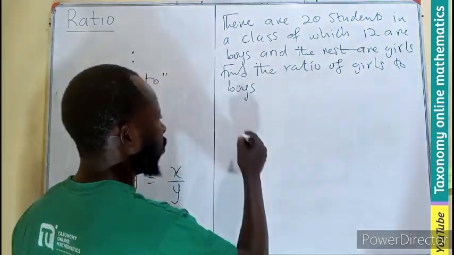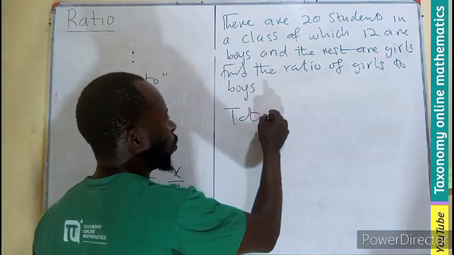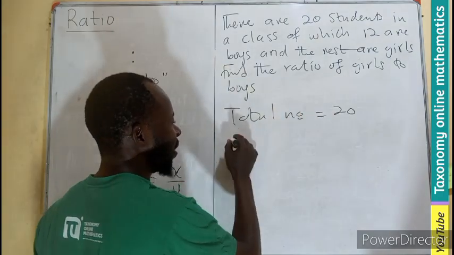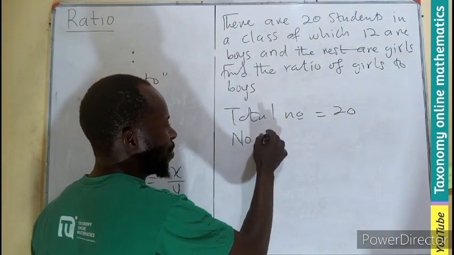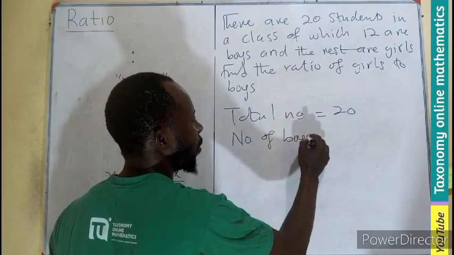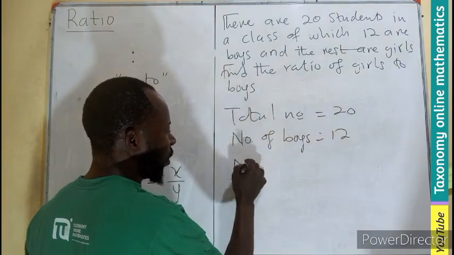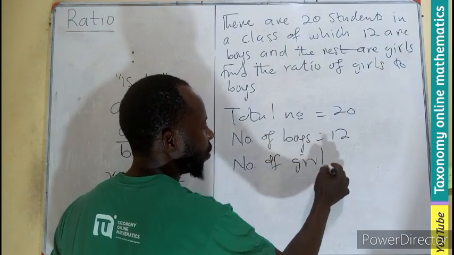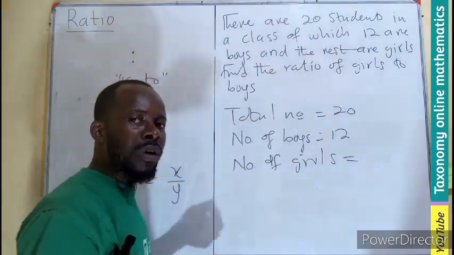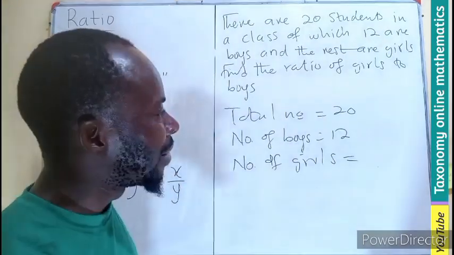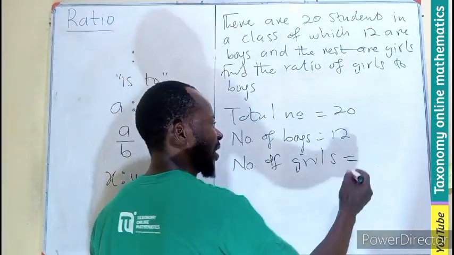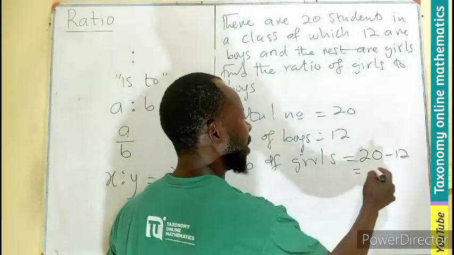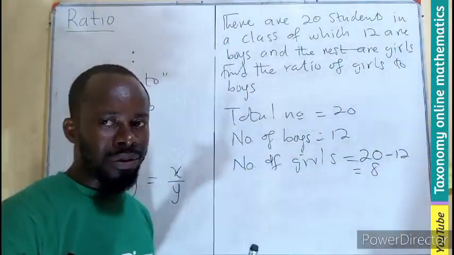So in this case, we already know the total number, which is given as what? 20. We are also given the number of boys to be 12. So we need to find the number of what? Girls. Since there are only 2 criteria, boys and girls, that sum up to give us 20, if I subtract the 12 from the 20, it gives me the number of girls.